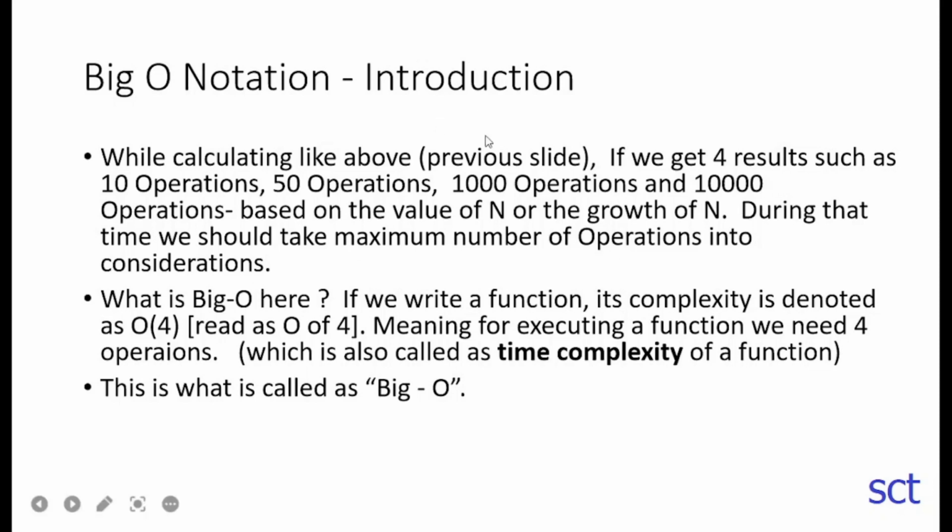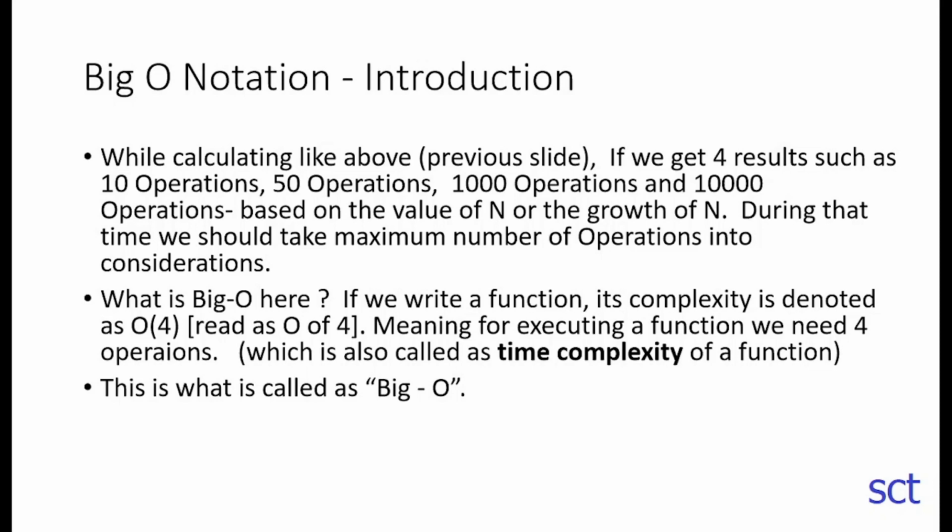Assume that you have 5 values. If I want to search for the first value, then only one operation is required. Within one cycle itself you will be in a position to search for that first value. But if I want to search for the 5th value, you need to search the first one, second one, third one, fourth one, and only then you come to the data which you wanted to search.